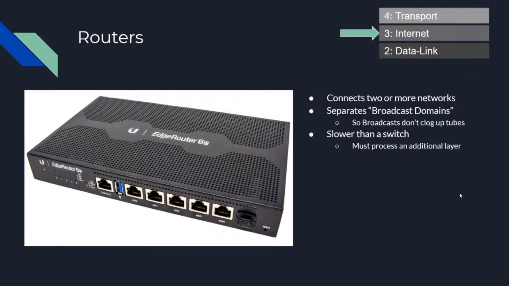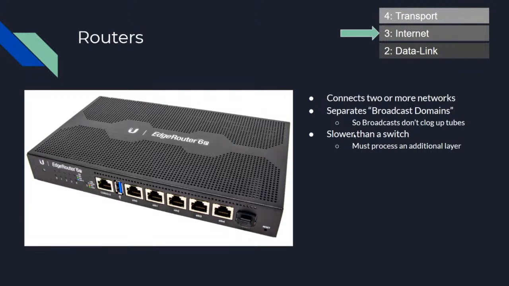So broadcasts travel through switches, but not through routers. So this is useful if you want to limit the amount of broadcast traffic on your network. You could subdivide it using a router, and you can lessen that traffic.